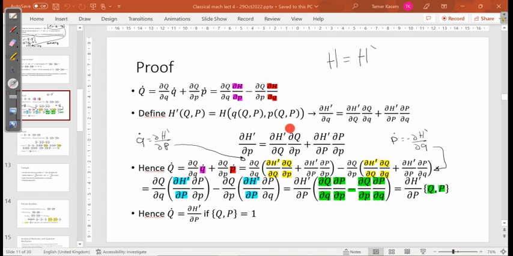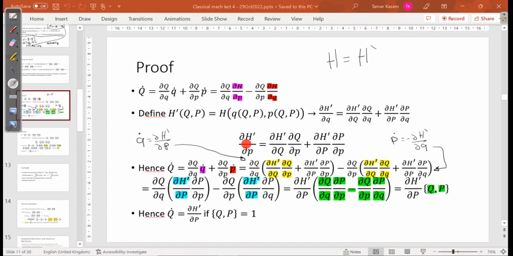And you could also get partial H dash by partial p. Please remember that H dash and H are the same quantity. It means that you can replace partial H by partial q by partial H dash by partial q, and you can replace partial H by partial p by partial H dash by partial p.